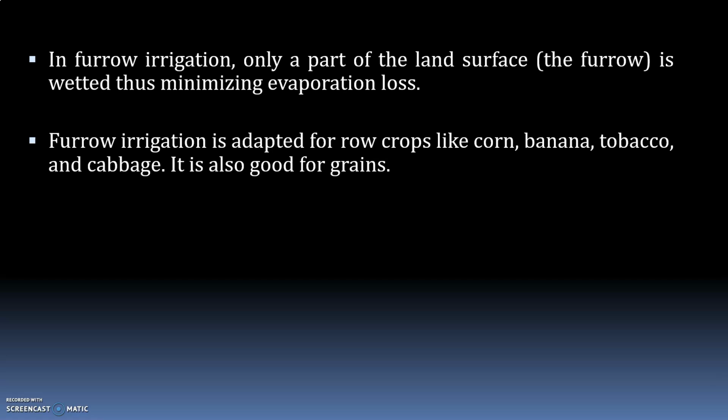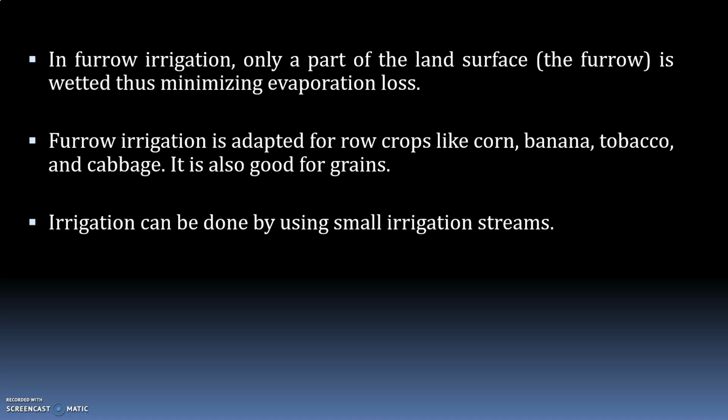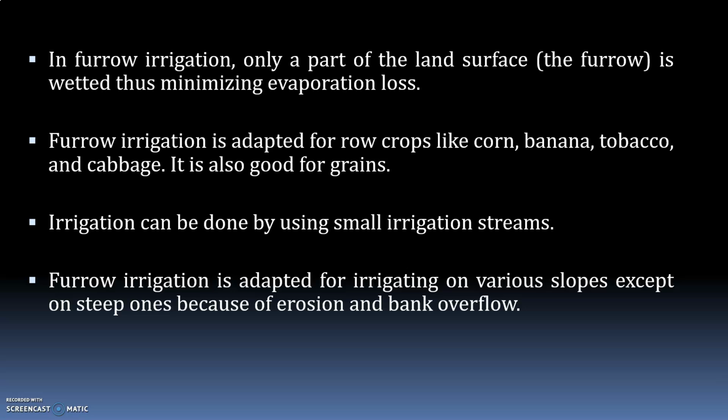Furrow irrigation is adapted for row crops like corn, banana, tobacco and cabbage, and it is good for grains. Irrigation can be done by using small irrigation streams. Furrow irrigation is adapted for irrigating on various slopes except steep ones because of erosion and bank overflow. This is about furrow irrigation.